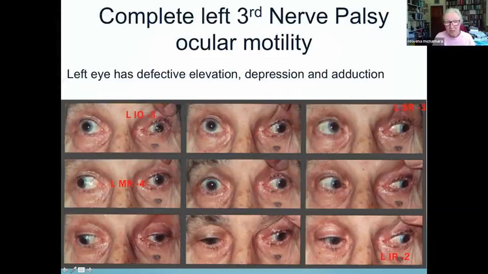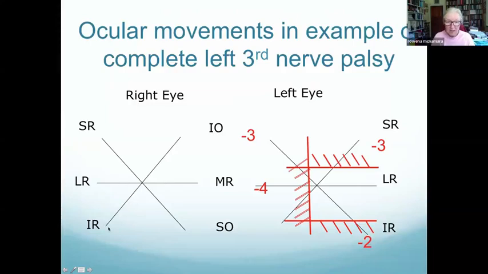Here again, you can see it can't go up. So we've got the left inferior oblique -3. Remember that the medial rectus is the main muscle to adduct the eye, so it can't adduct the eye in the primary position and also in looking up.